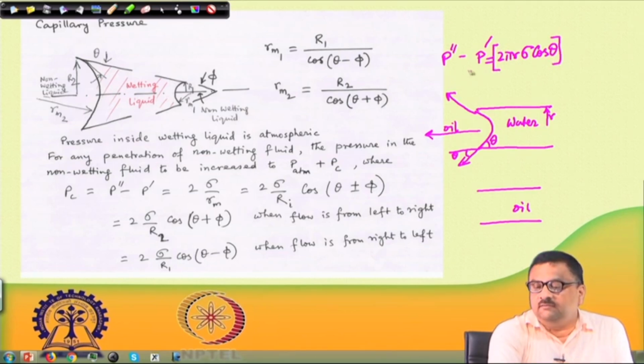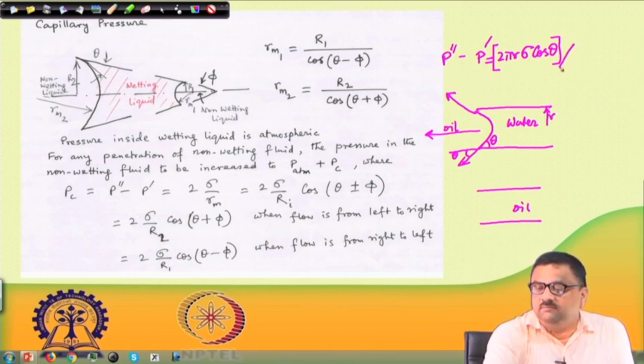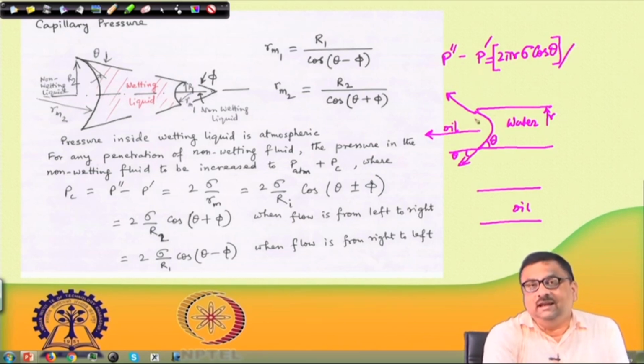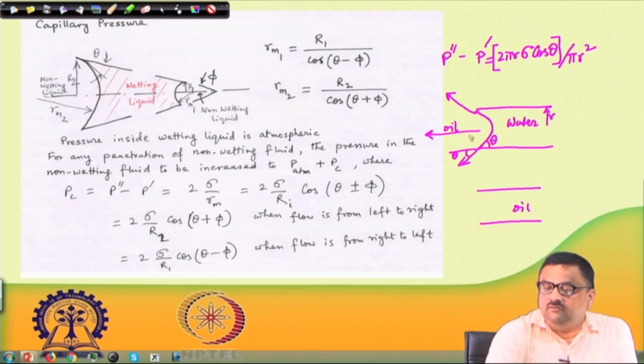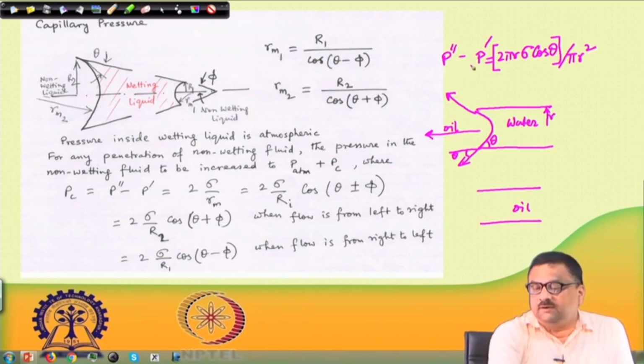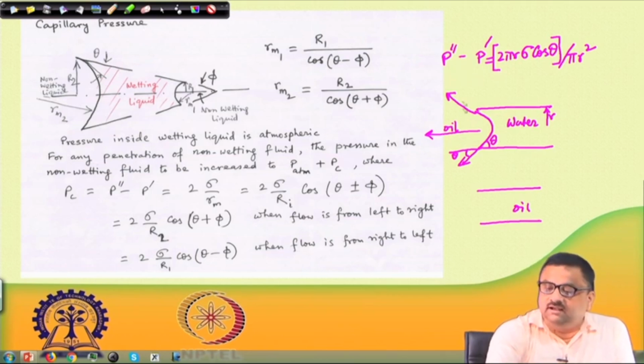So, p double prime minus p prime would be force divided by the area. That is exactly what we had done earlier in the case of the non-spherical cap, and even for the spherical cap. The area would be pi r square.